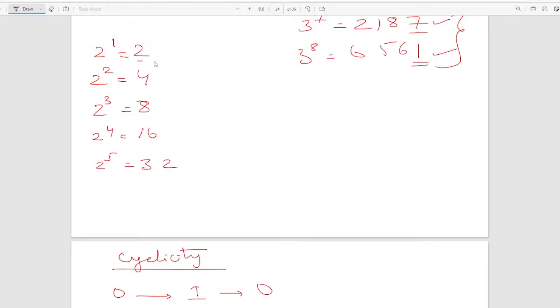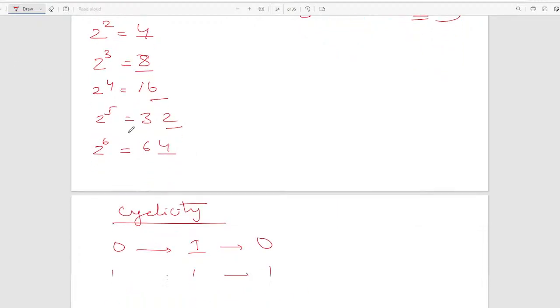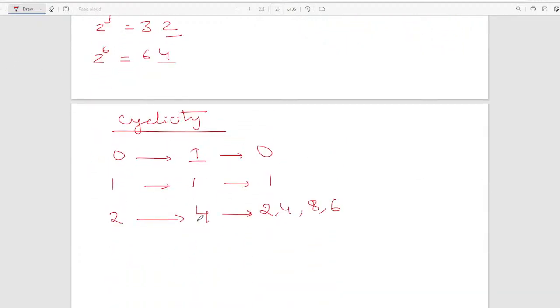So again, this is 2, 4, 8, 6. This repeats. 2 raised to 6 should be 64. Again 2, 4, 8, 6 will repeat. So the cyclicity of 2 is 4, and the repeating pattern is 2, 4, 8, 6.